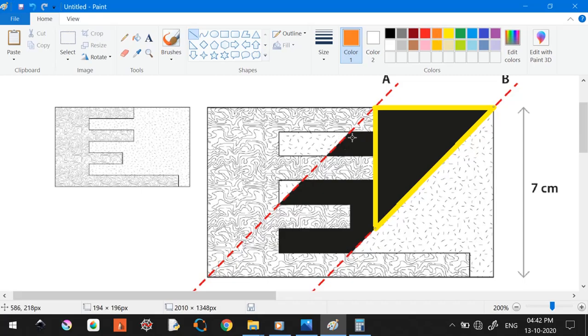I hope this is clear. This is too thick, let me take this. So I will split this into a rectangle and a smaller triangle here, fine.